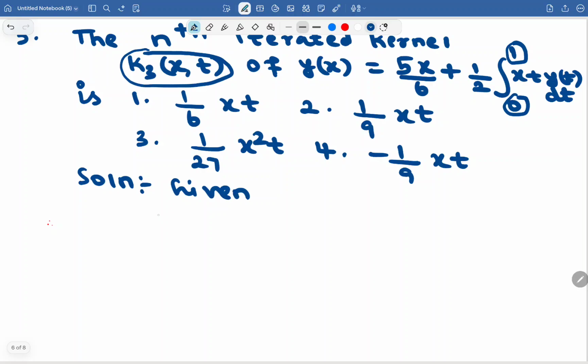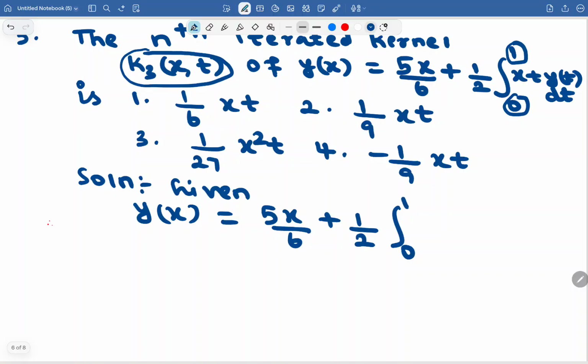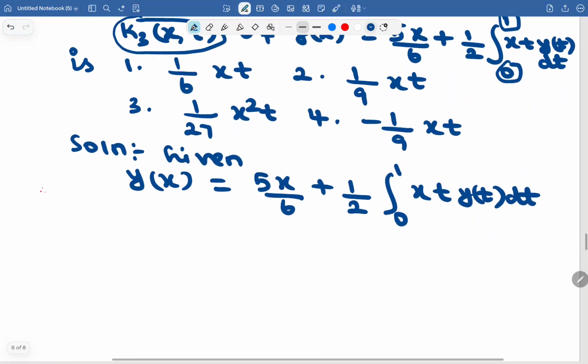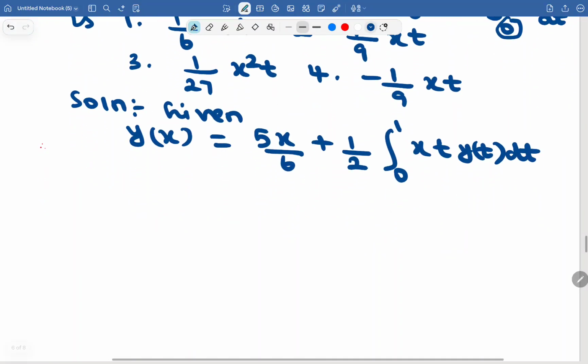Given y of x equals 5x by 6 plus 1 by 2 integral 0 to 1 of xt y of t dt. This is equation 1.